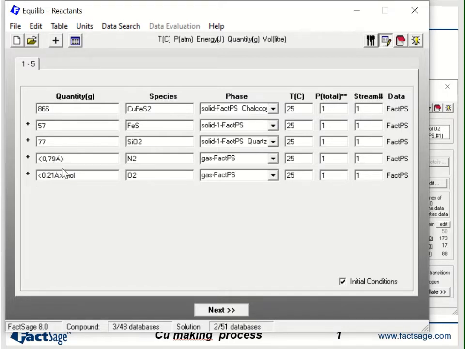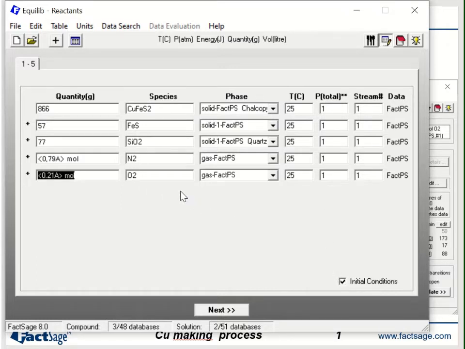If you simply put it like this, it will be 0.79 A gram of N2 entering. But if you want to change this as a mole, basically you want to overwrite your unit, then you have to say small mol in the space after the amount, then it will consider this as a mole. So here I set up a basic simple air condition, 0.79 and 0.21 mole of nitrogen and oxygen.